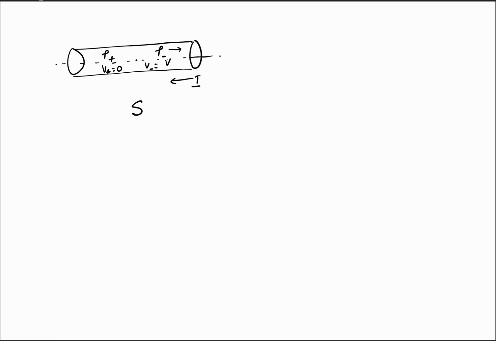Now let us say that there is a charge Q, which is actually negative in nature, moving at a speed v naught in this direction.